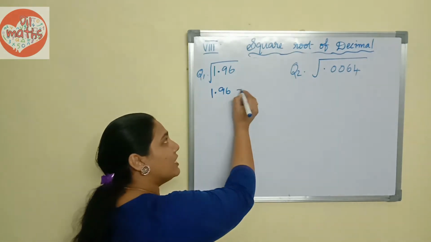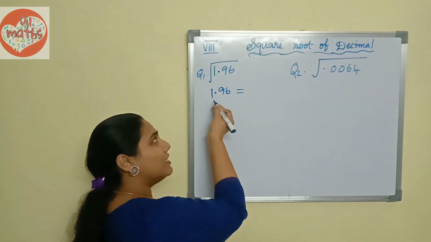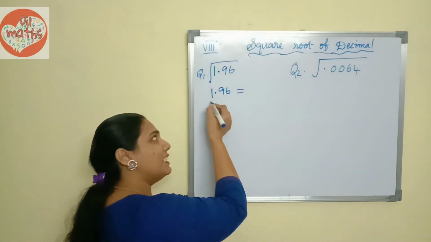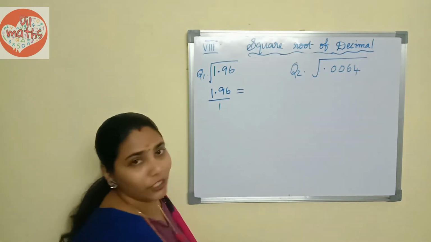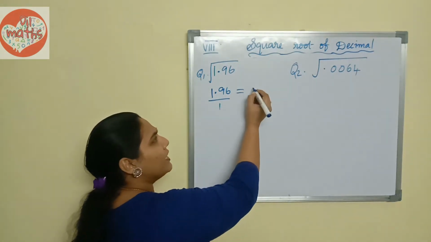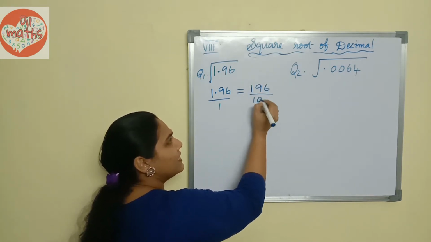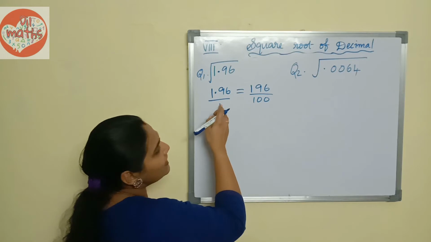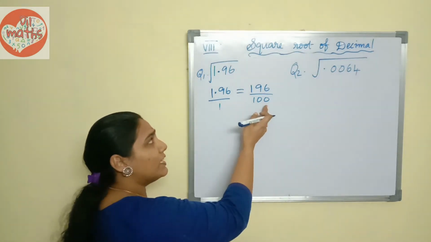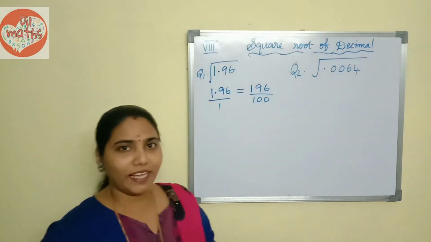So what should we do here to make it a fraction? Here in the denominator, what is there? Nothing is there in the denominator, isn't it? That means the denominator 1 is there. Or you can simply write 1.96 as 196 divided by 100. The logic behind this is that we are multiplying both numerator and denominator by 100.